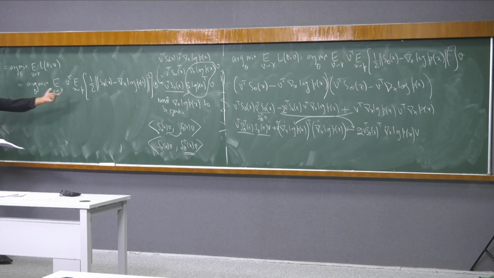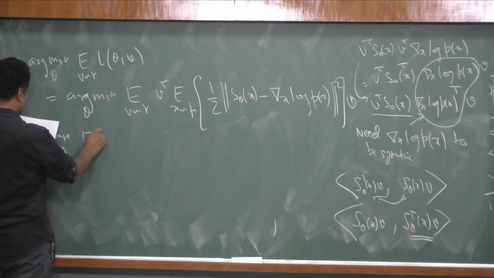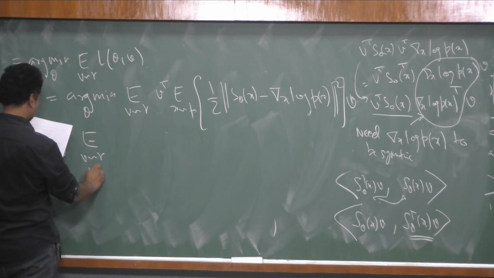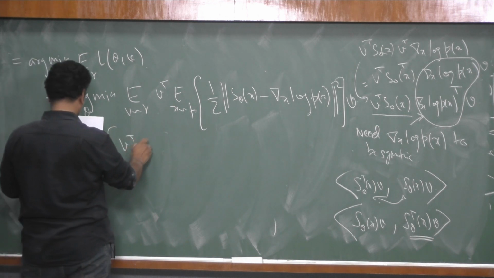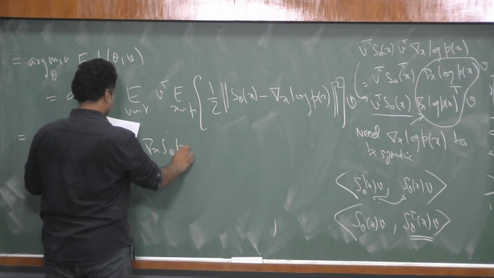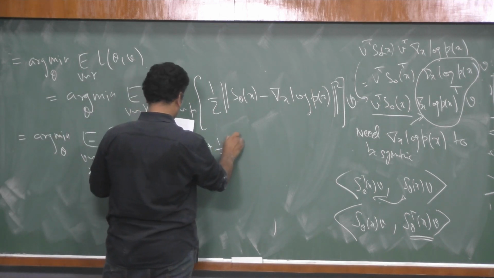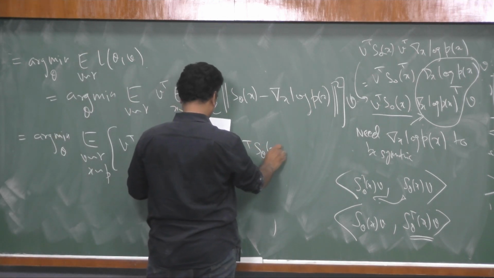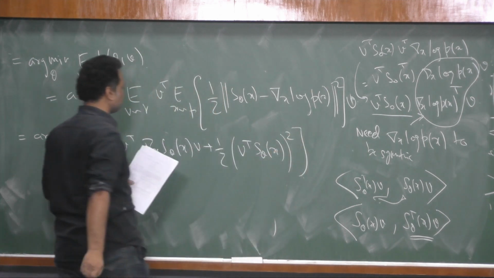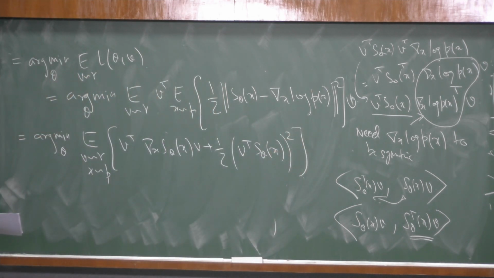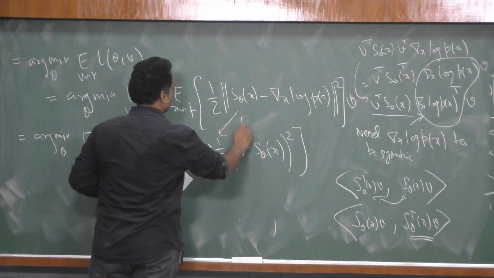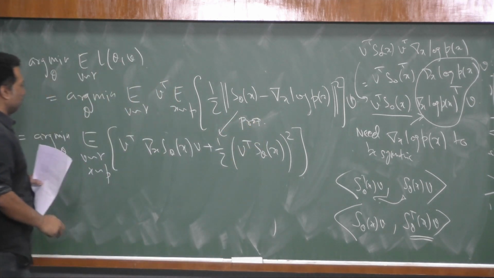What we know is that we did some simplification of this as a first proposition, and this boils down to argmin of theta, expectation of V R xp, V transpose grad X S theta X V plus half V transpose S theta X squared. So this is from the proposition that we had before.